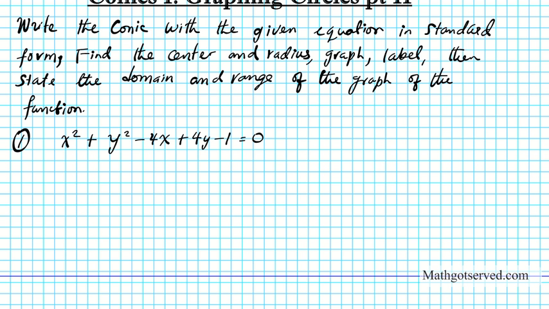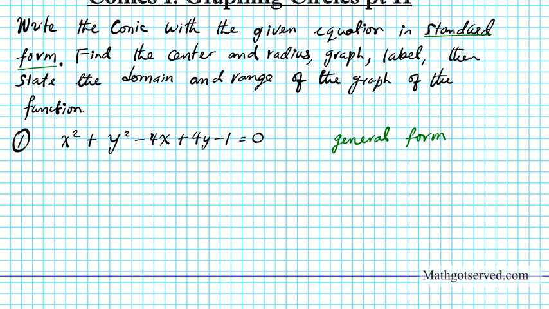Okay, so you have to note that this equation is known as a general form. The first task is to convert it into standard form. You gotta write it in standard form first. After accomplishing that, then we will graph it, label, and then state the domain and range.